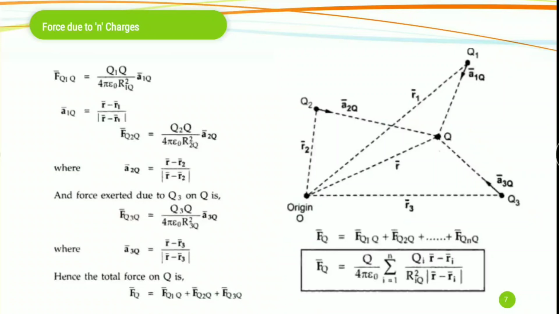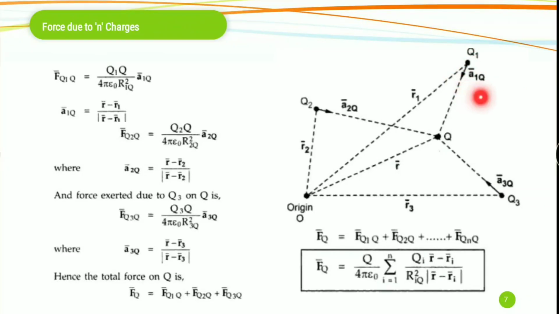So the force between these two charges is Q1 Q2 by 4 pi epsilon naught R square 1Q, times the unit vector A bar 1Q.